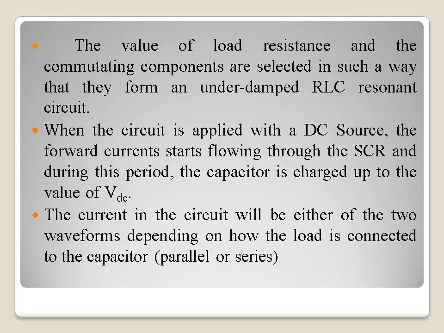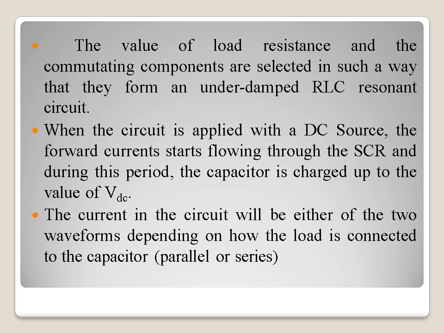The values of load resistance and the commutating components are selected in such a way that they form an underdamped RLC resonance circuit. When the circuit is applied with the DC source, the forward current starts flowing through the SCR, and during this period the capacitor is charged up to the value of VDC, as we have seen in the waveform.